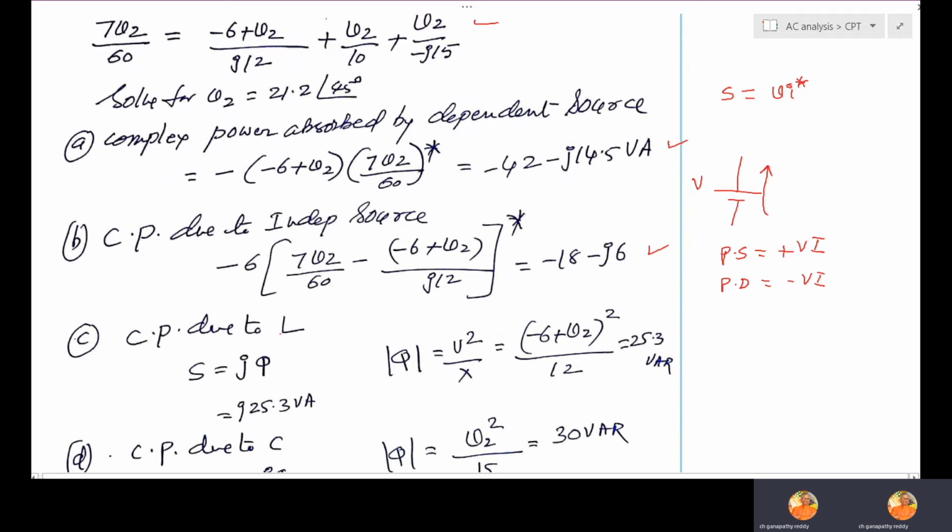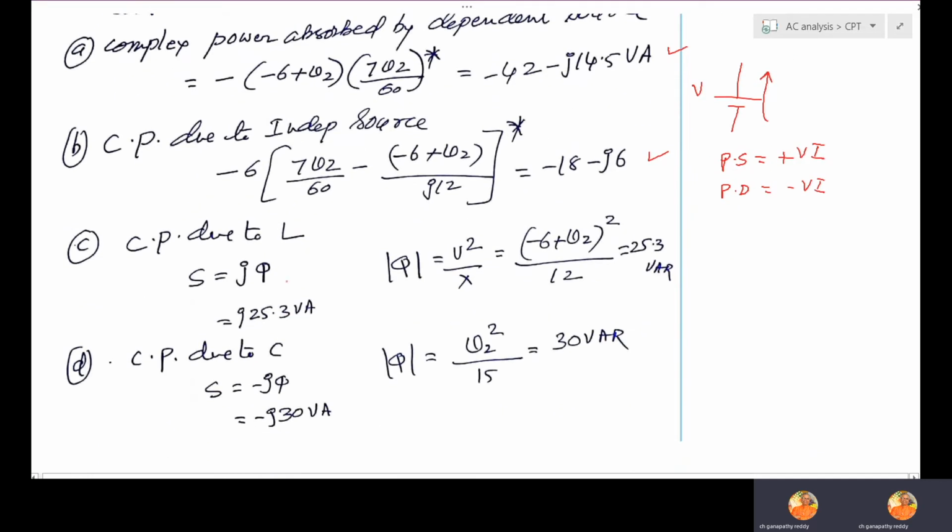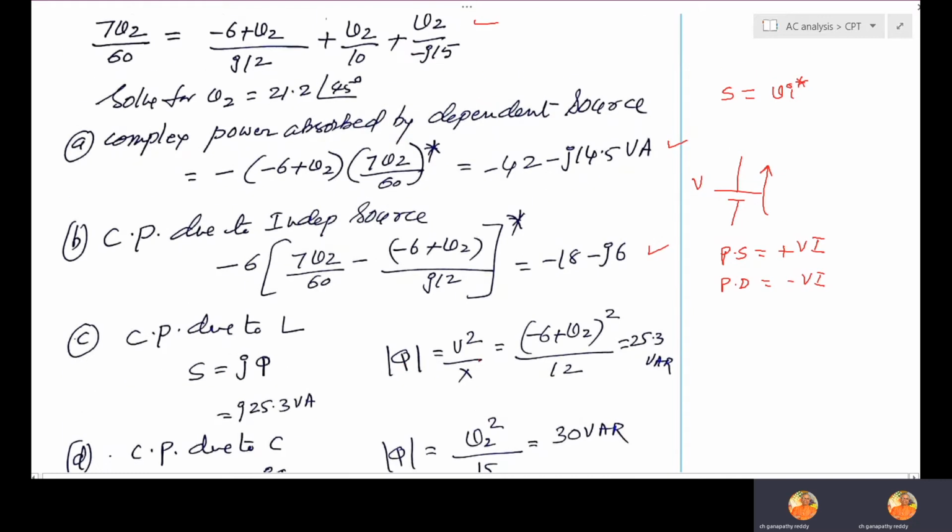Then complex power due to the inductor. If it is only an inductor, as I told earlier, S equals JQ, only JQ. Then how do you find Q? Q has 4 formulas: V square by X, I square X, imaginary part of V I star, and so on. Here, which is suitable?